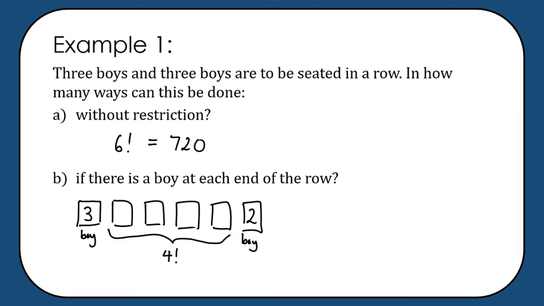Again, we need someone in every seat, so this is a multiplication situation. So we have 3 times 4 factorial times 2 different ways that we can arrange the girls and boys. So that comes to 144 different possible arrangements.